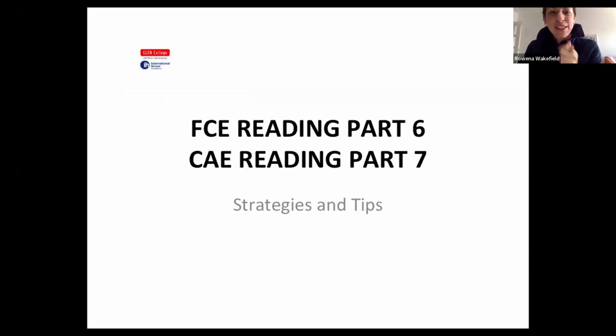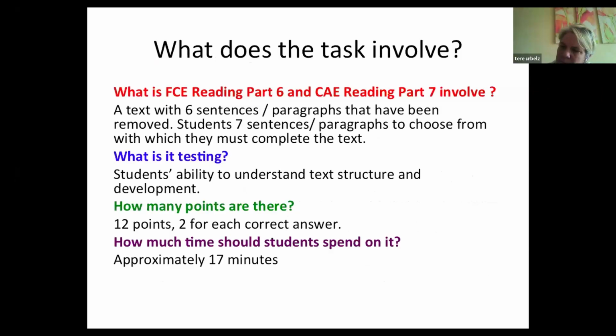Okay. So we'll have a look at the reading part 6. And so the FCE reading part 6 and the CAE reading part 7. So just to remind you, again, this one is a text with 6 sentences or paragraphs that have been removed.